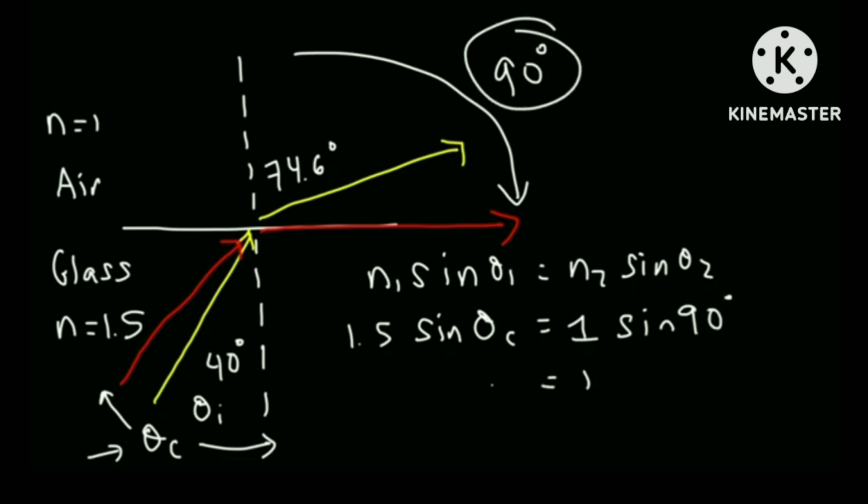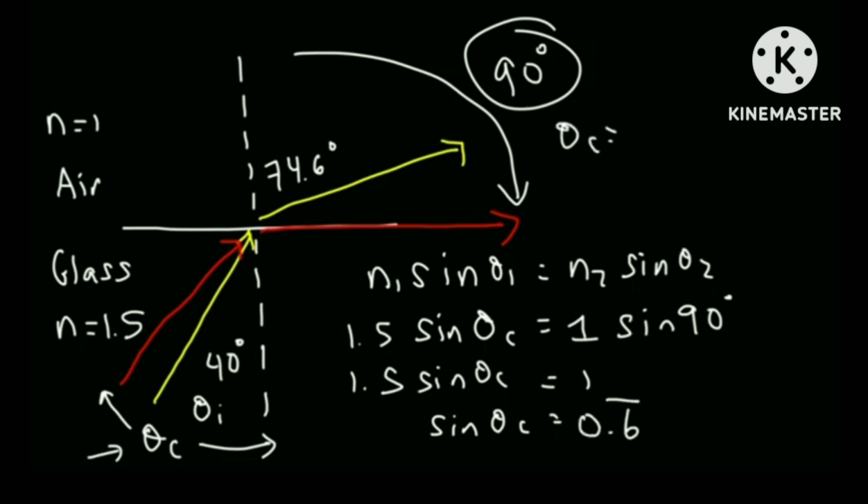So sine 90 is 1. So we have 1 divided by 1.5. And that's equal to 0.6 repeated. So the critical angle is going to equal arc sine 0.6 repeated, or 2/3.